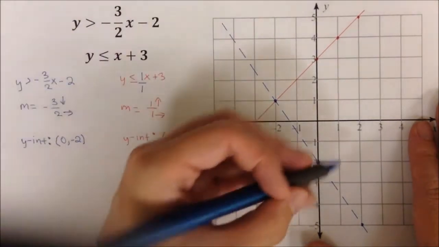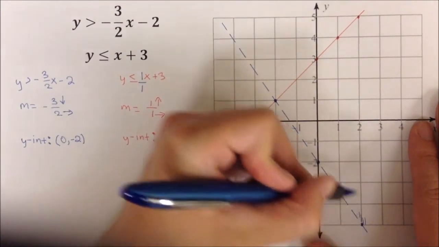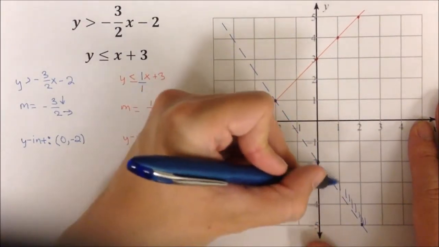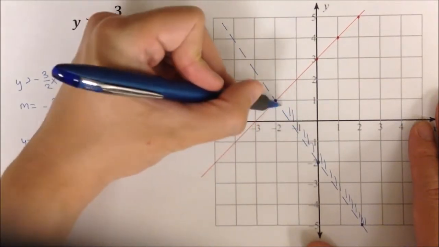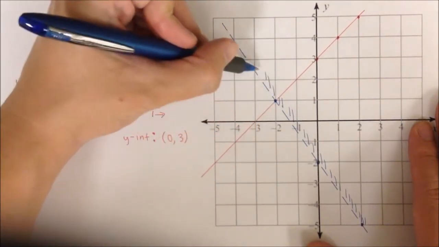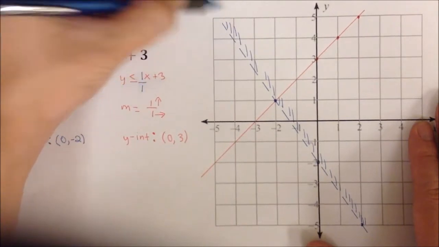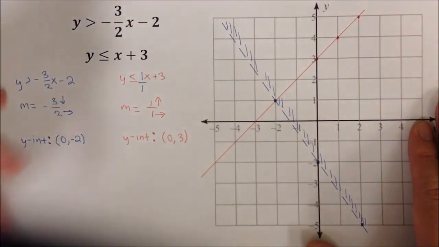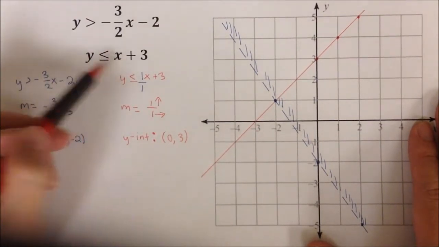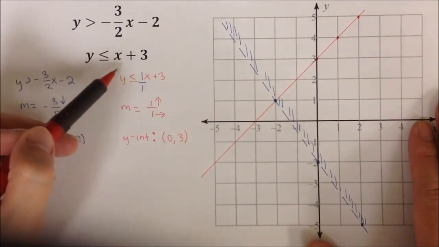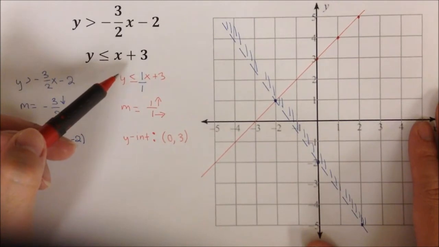So that means I'm going to shade on top of the line, or above the line. And then for our second inequality, the sign is facing away from y, opposite of y. So I'm going to shade below the line, underneath the line.